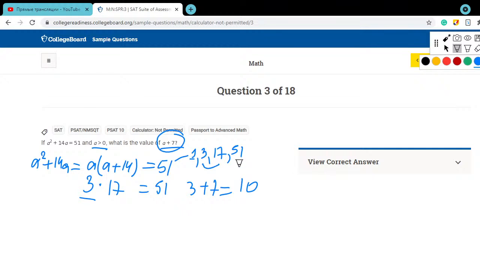The other method is we use it as a quadratic equation.